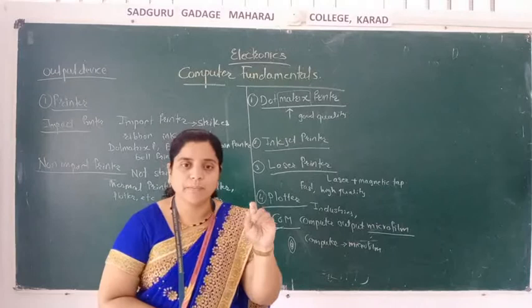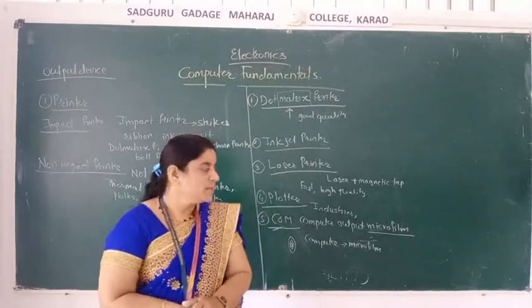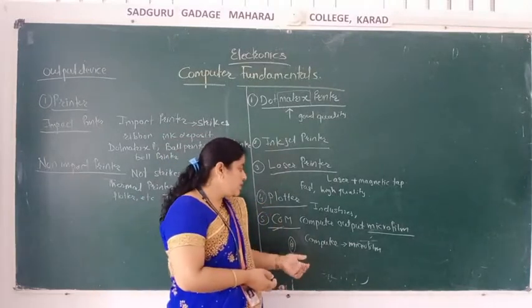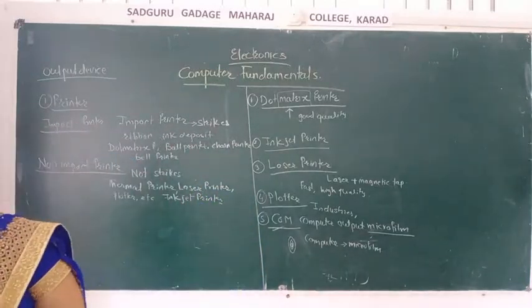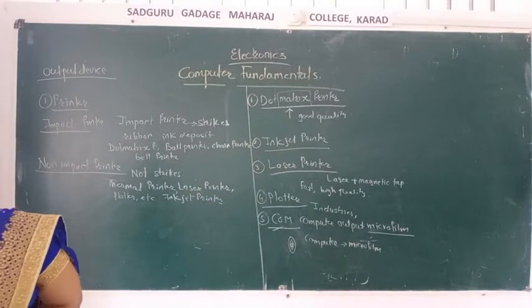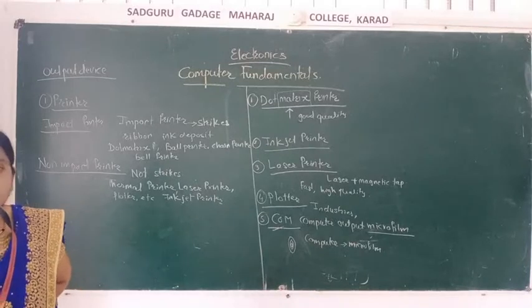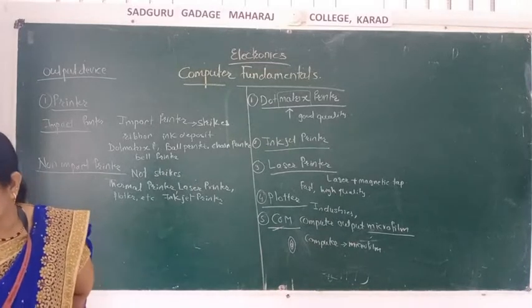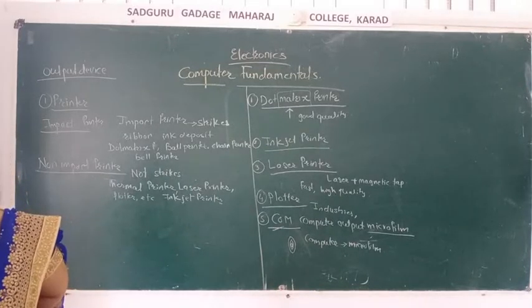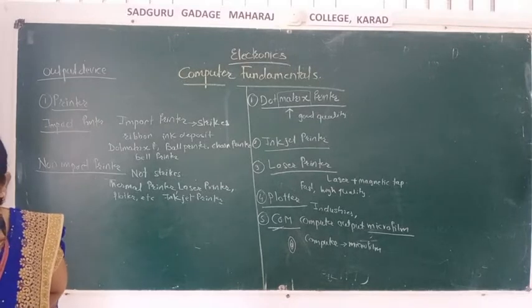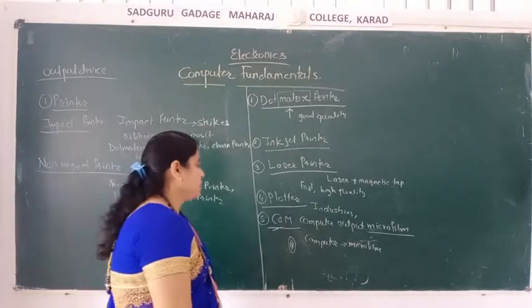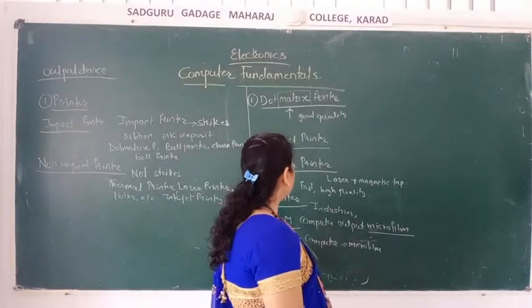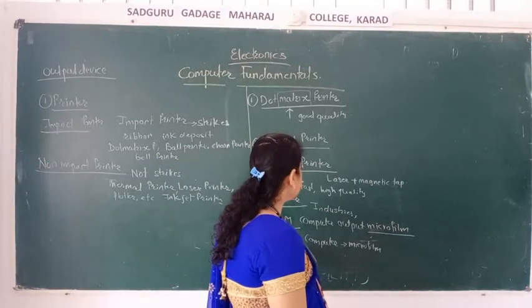That microfilm is rolled, it is very easy to use, and it is very high speed. Its output is very large, and it is used to retain information. So these COM are also used for industrial purposes.